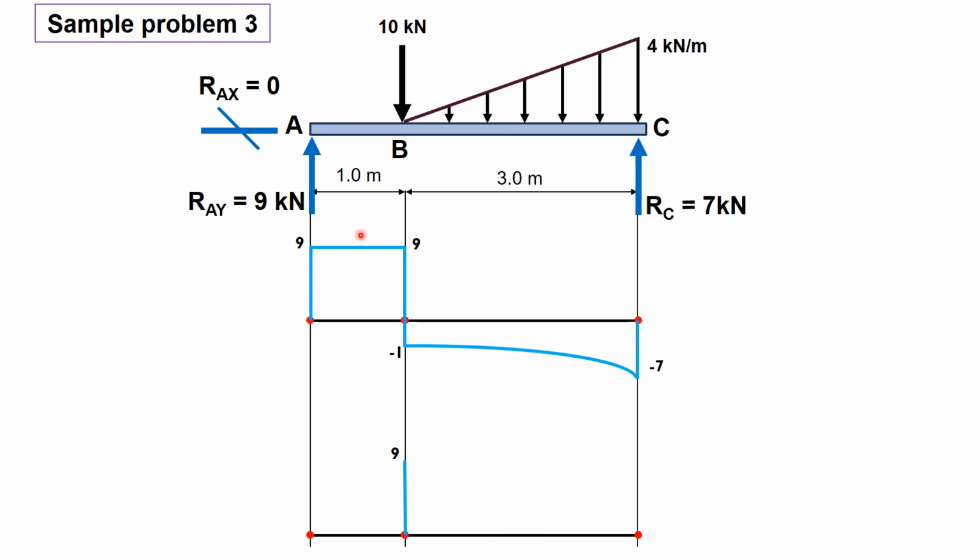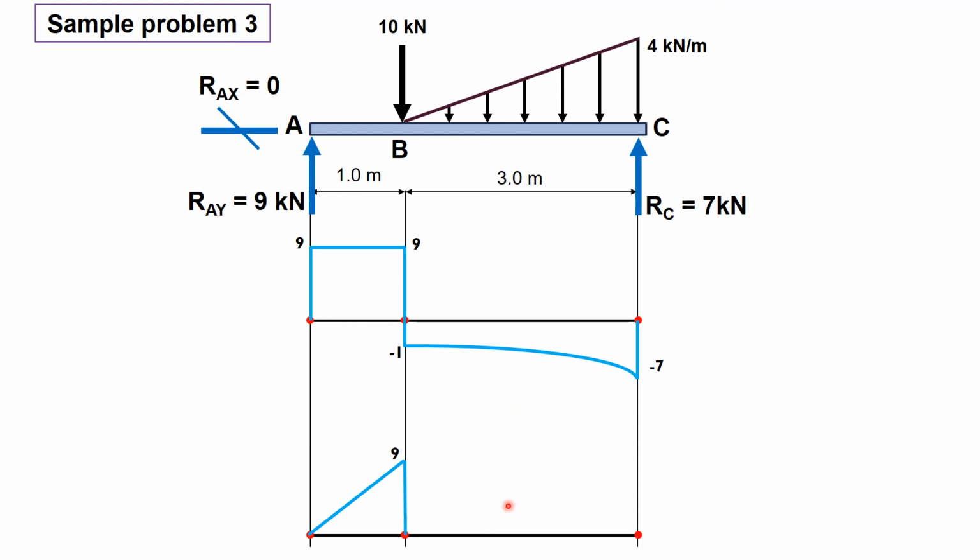So, although wala pa tayo ditong degree ng curve, alam natin that this is 0 degree. At pagbaba dito, 1 degree yan. So that when you connect this 0 to 9, it will be a straight line. And it is up to the right. So, straight line. While for this one, so again, yung line mo dito ay 1 degree. Pagbaba dito, second.